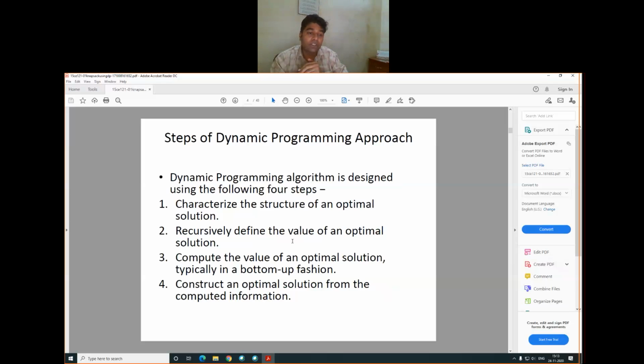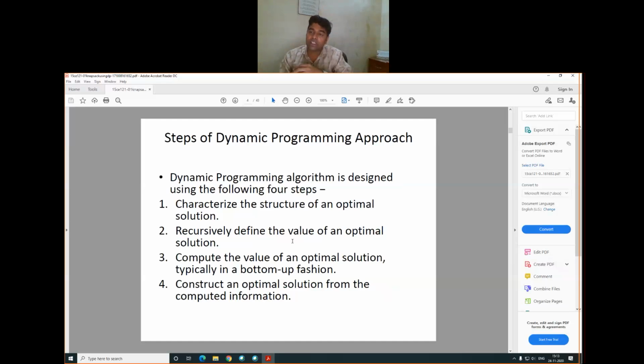In step 3, we compute the value of an optimal solution, typically in bottom-up fashion. And in the last step, we construct an optimal solution from the computed information. So these four steps will be used in the dynamic programming approach.